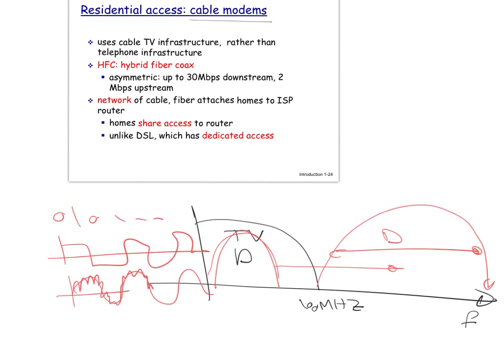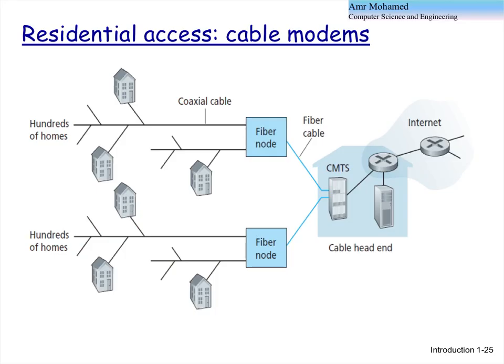In order to visualize this, it is written here actually. You have 30 megabits per second downstream. Let's look at the network architecture. All these residential houses are connected with coaxial cable.